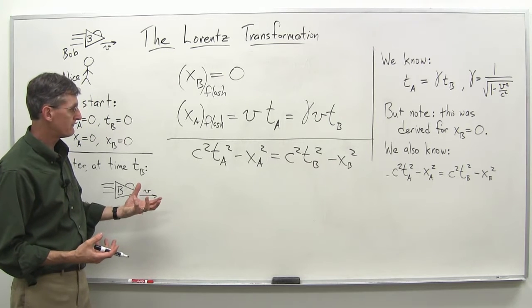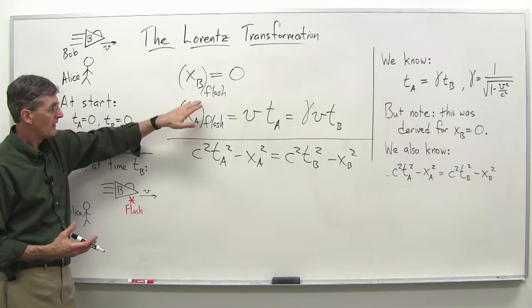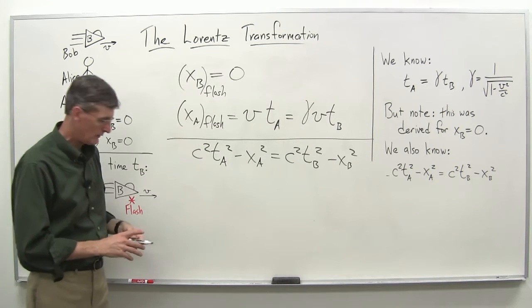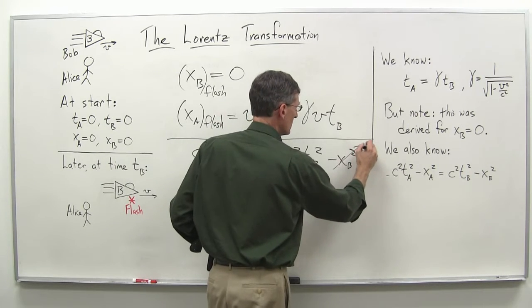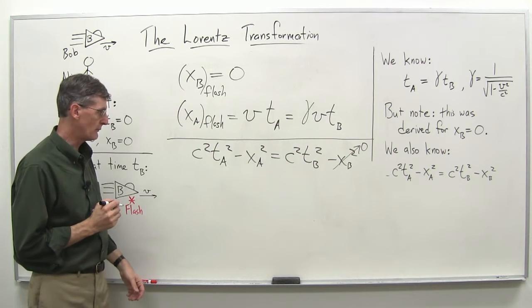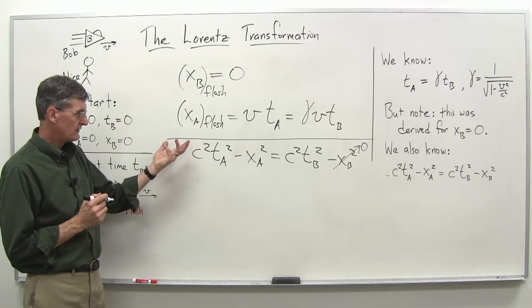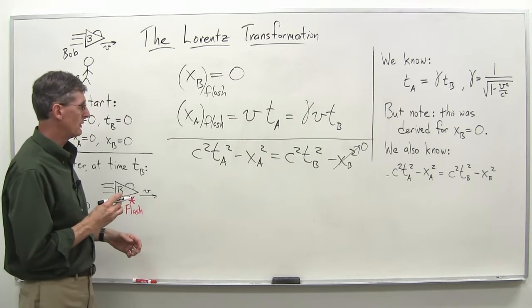So what do we know here? Applying it to the flash of light right here, the flash of light occurs at x_b equals 0. So that means this term right here is 0, and we don't have to worry about that. We're left with t_a, x_a, and t_b in here, and of course c being the speed of light.